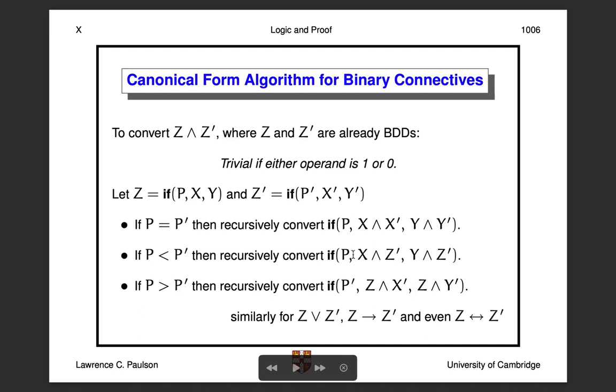Likewise, if P is false, the result is obtained from Y, because that's what we get if P is false, and the whole other BDD. The point is that this BDD Z prime is not doing a test on P at all.